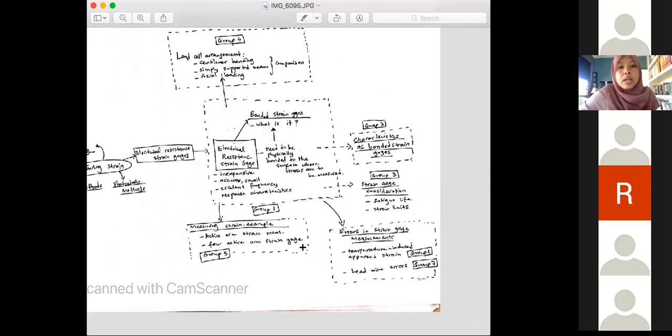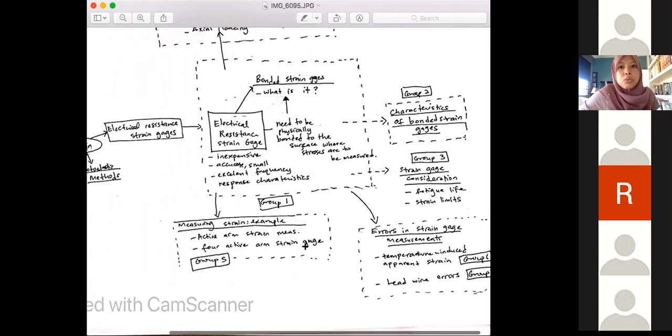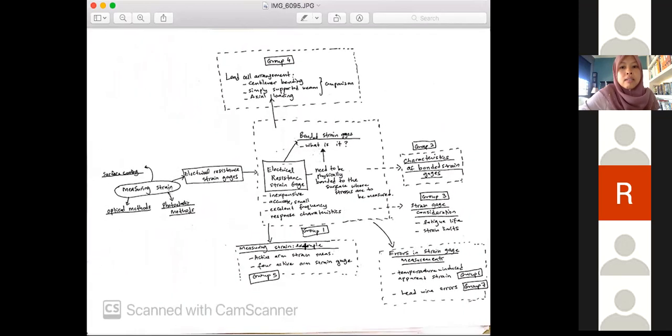Okay, so my next plan is to pecahkan you all punya group kepada a few group. Saya akan buat breakout room, 7 breakout room, so akan ada 7 group.